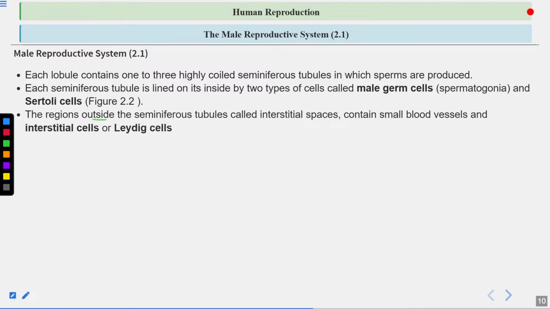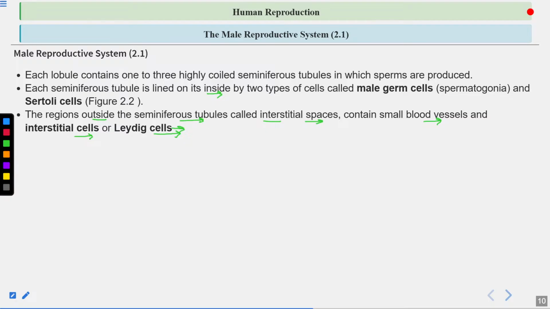Now the regions outside the seminiferous tubule. First we were talking about the inside of the seminiferous tubule. Now we are talking about the regions outside the seminiferous tubule. These regions are called interstitial spaces, and they contain small blood vessels and interstitial cells or Leydig cells. These Leydig cells secrete androgens, which are known as the male hormones.